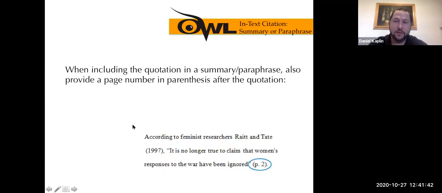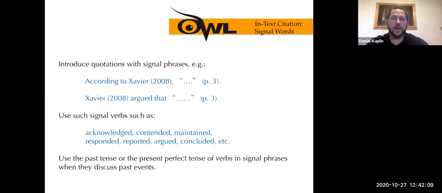So again, looking at two authors, doing a direct quote, using it as a signal phrase. So again, Rate and Tate, two authors, because it's part of the sentence, it's a signal phrase according to feminist researchers. The year is cited, and then the page number goes after the quotation, but before the period once again. So I think I showed you that, again, how you would do quotations as a signal phrase.